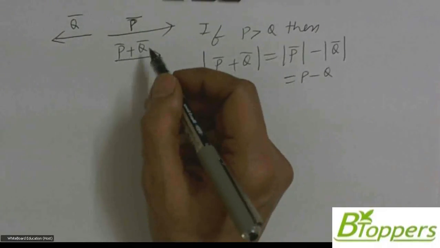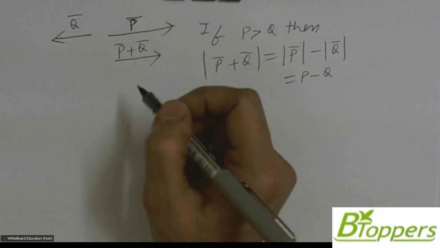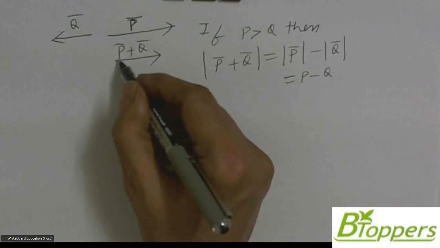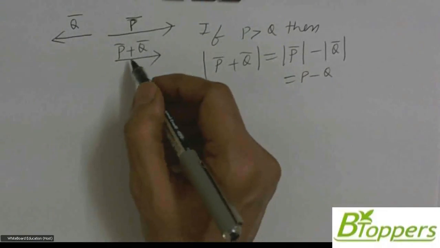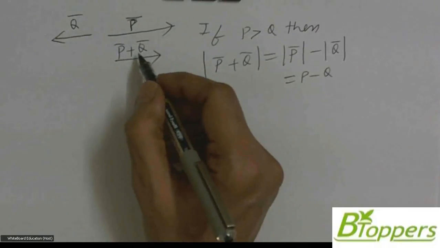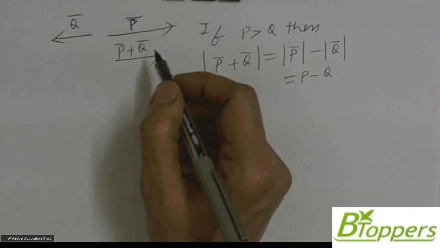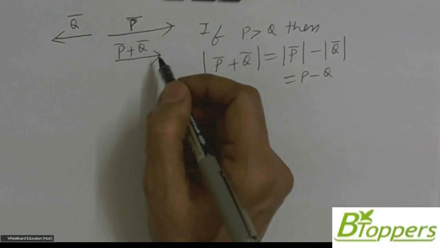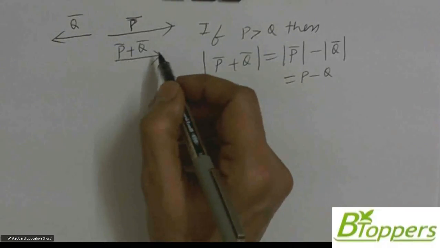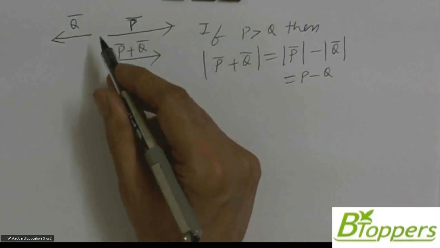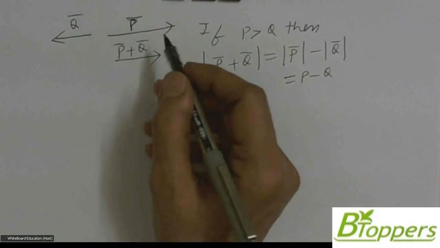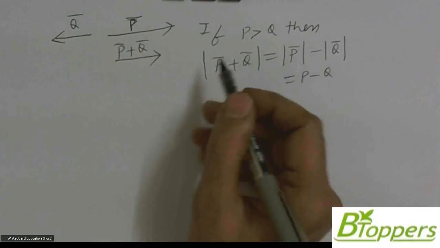So sum of the vectors P bar and Q bar means resultant of the vectors P bar and Q bar. So whenever I write P bar plus Q bar, as I told you, make it a habit to read it as resultant of P bar and Q bar to minimize the confusion. So resultant of P bar and Q bar acts in the direction of P bar, if P bar and Q bar act in opposite directions, and magnitude of P bar is greater than magnitude of Q bar.